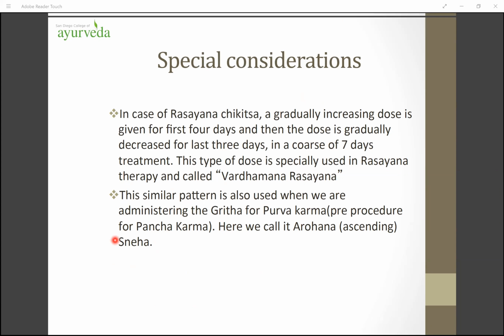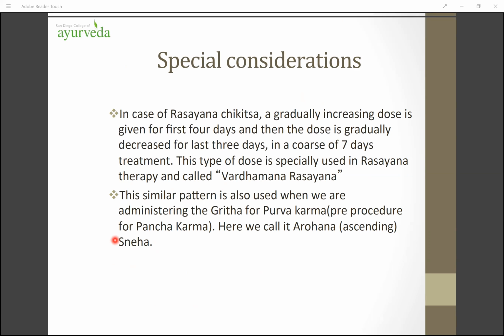Say, if you're giving it for 7 days, or for 14 days, the duration will change based on your rasayana. Suppose you're giving it for 7 days: for the first 3 days, you slowly increase the medicine. On the 4th day, you give the highest dose of the medicine, right? Then from the 5th day onwards, you start decreasing the medicine again, and on the last day, you completely decrease it.